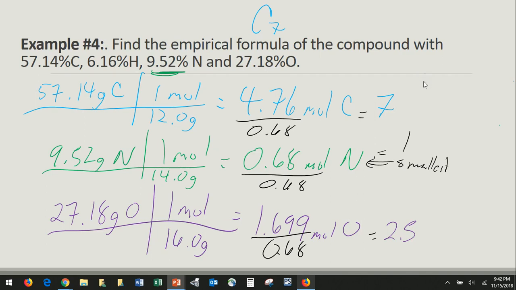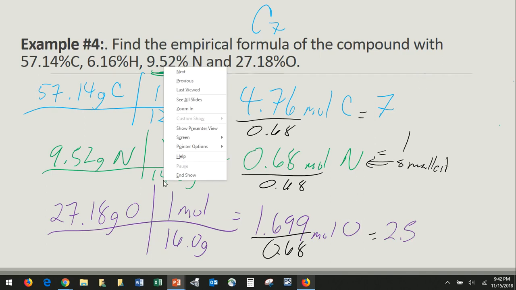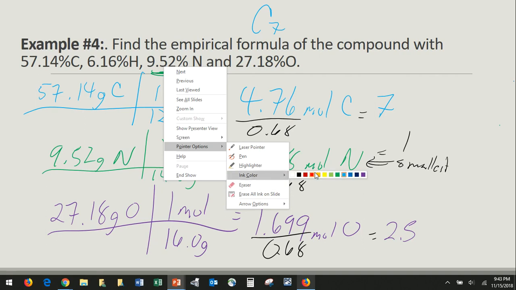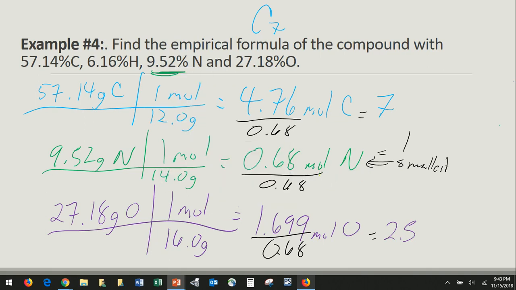I can still do this. Actually, I can do it pretty quick because hydrogen is pretty easy. So let's make hydrogen. Let's go with orange. All right, so hydrogen, I got to fit somewhere here. So using this one, 6.16. All right, 6.16% becomes 6.16 grams. So we're going to convert that to moles.